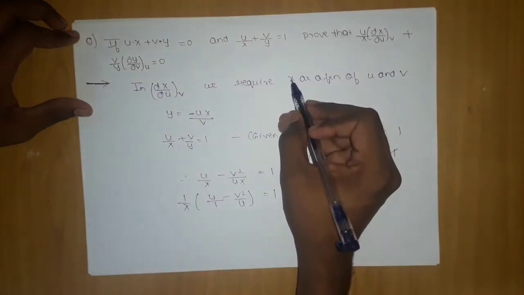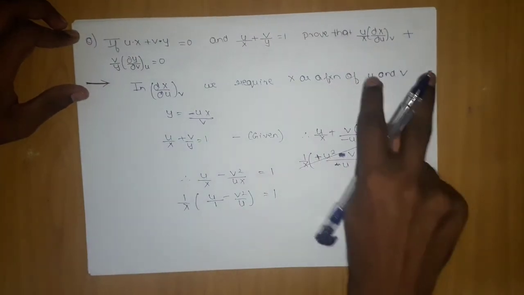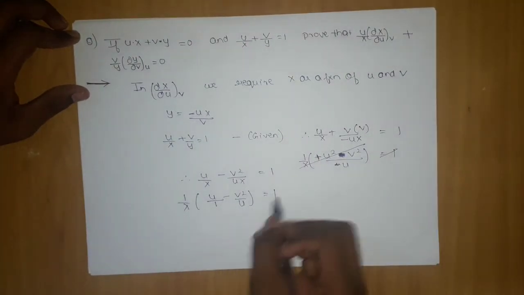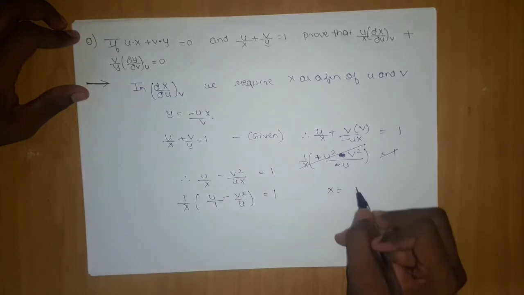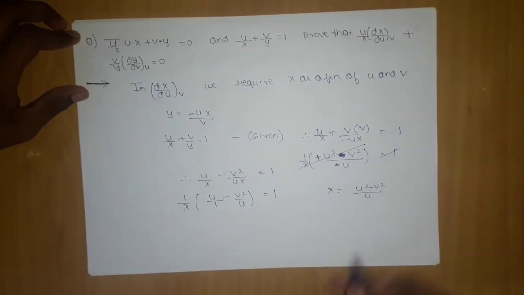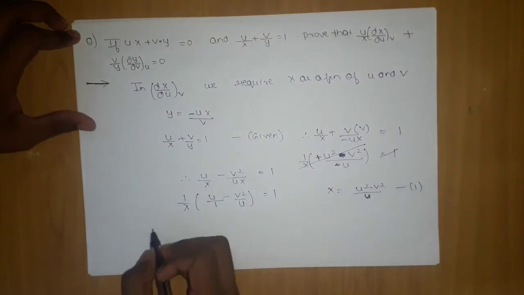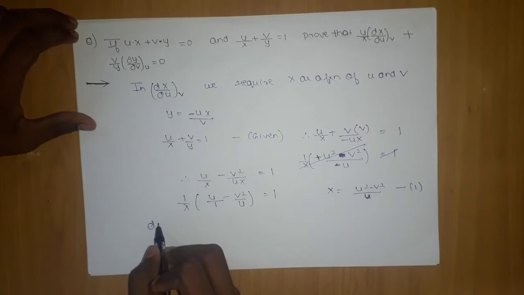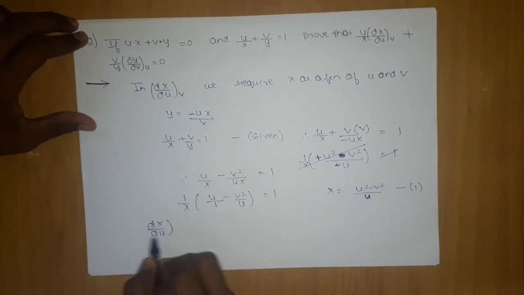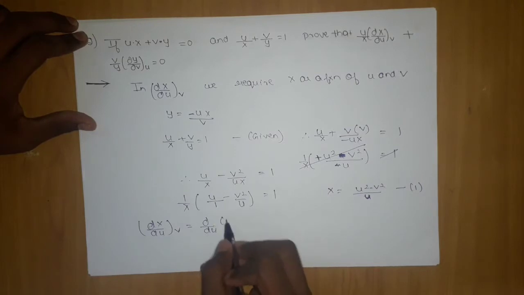I require x in terms of u and v, so I move the x, so x equals u square minus v square by u. So I'm getting one equation; I will call it 1. Dou x by dou u keeping v constant will be dou by dou u of u square minus v square by u.